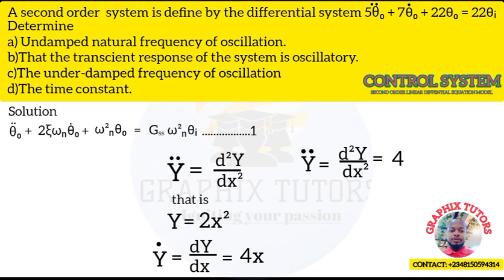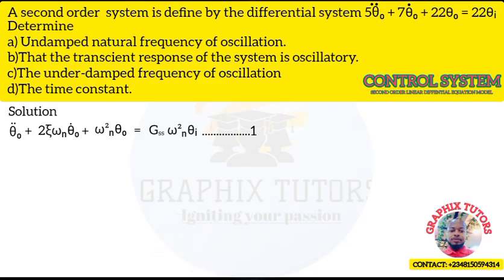Now, the first one you have here that you differentiated the first time, the first derivative is called the first order, while the second derivative that gives you 4 is called the second order. So in this case, we are differentiating with respect to x.